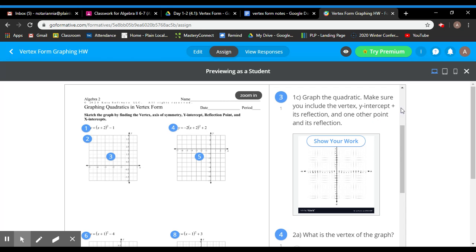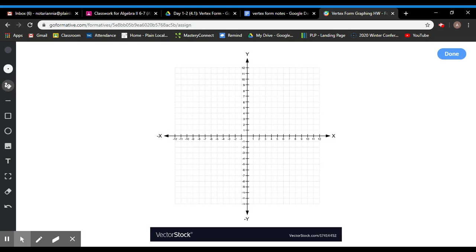Okay, so what you do for this one, all the graphing questions, you click on show your work, and this is what will pop up, a coordinate plane with some options on the side. So what you would do is you do your work, you find the vertex, the y-intercept, its reflection, and probably the x-intercepts, if you can.